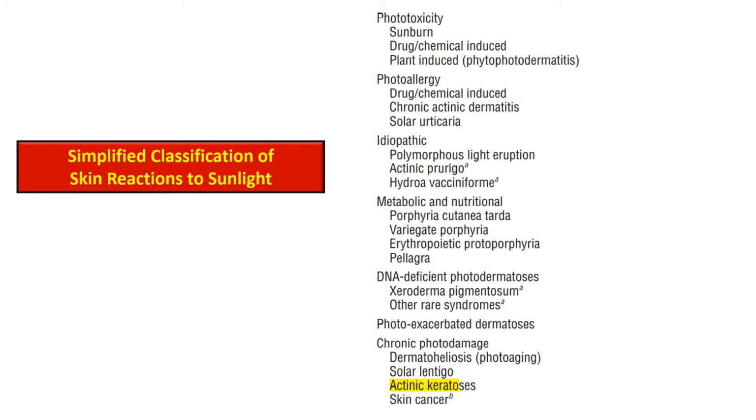Idiopathic conditions include polymorphous light eruption, actinic prurigo and hydroa vacciniforme. Metabolic and nutritional conditions include porphyria cutanea tarda, variegate porphyria, erythropoietic protoporphyria and pellagra. DNA deficient photodermatosis include xeroderma pigmentosum and other rare disorders.